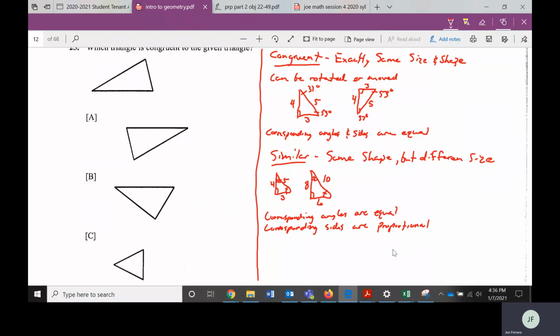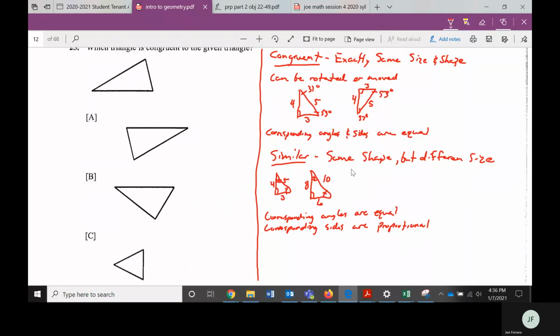In the last session we did some proportions, but that just means if it grows or shrinks, all the sides would grow or shrink by the same proportion, meaning 4 to 8 means times 2, 5 to 10 is times 2, 3 to 6 is times 2.